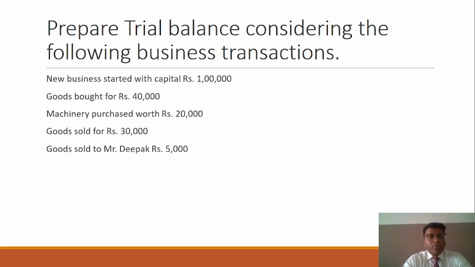It is sufficient with the information that I am reading out for these business transactions, and you have to make the entries. Machinery purchased worth rupees 20,000, so machinery would be debit and cash account credit, because the cash is reduced. Goods sold for rupees 30,000 means cash account debit to sales account. And goods sold to Mr. Deepak for rupees 5,000: Mr. Deepak would be debit to sales account rupees 5,000.